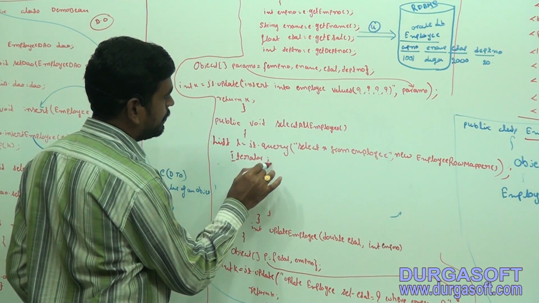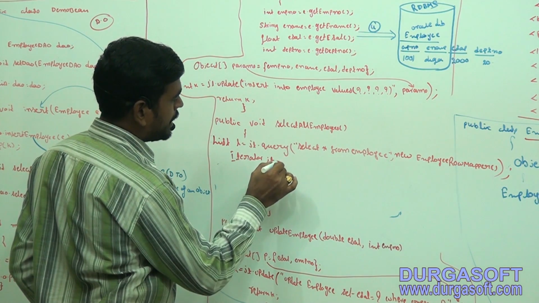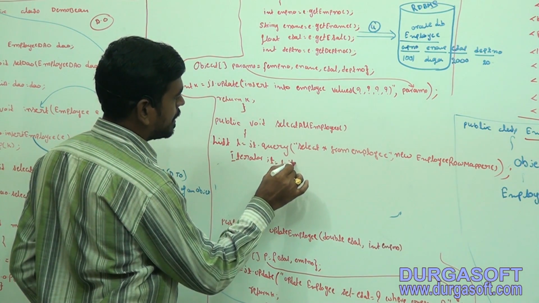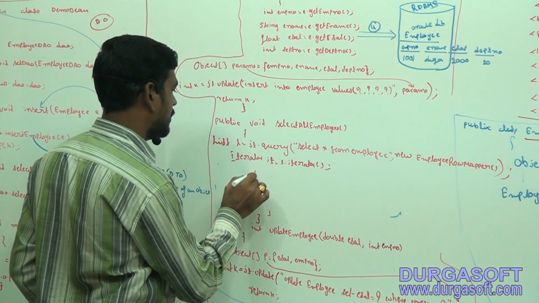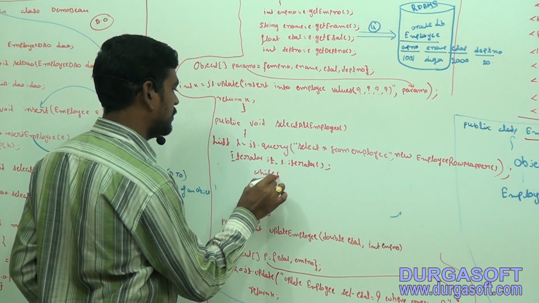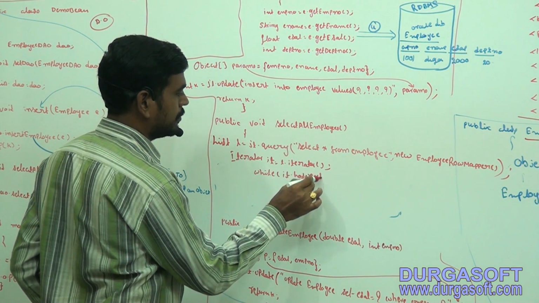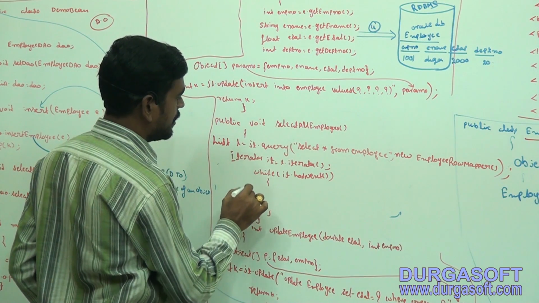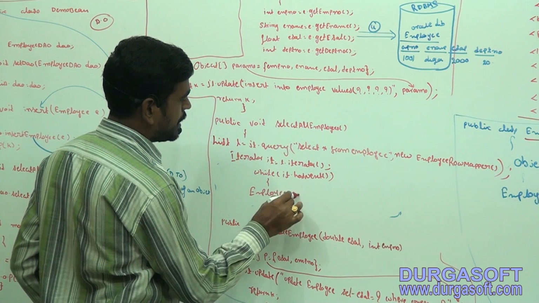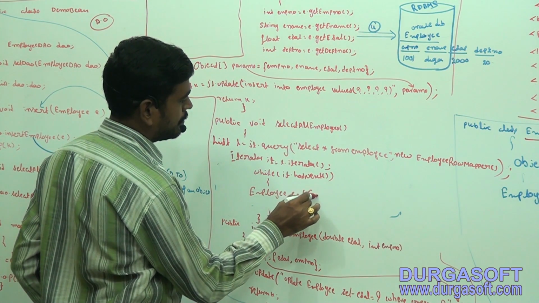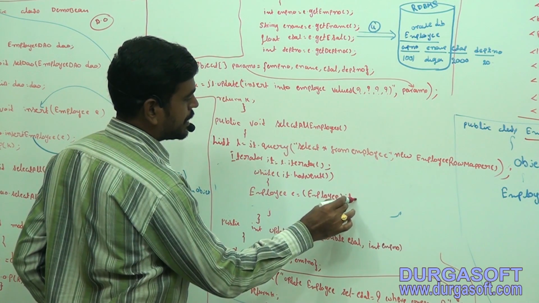Iterator it = l.iterator(). After that, while(it.hasNext()). The next, Employee e = (Employee) it.next().